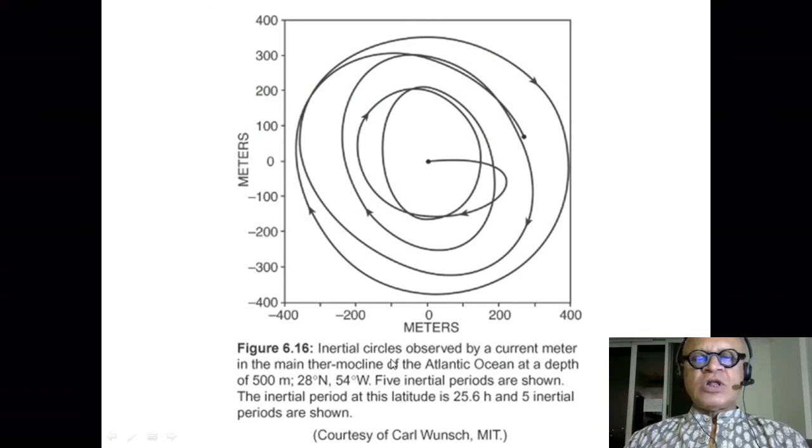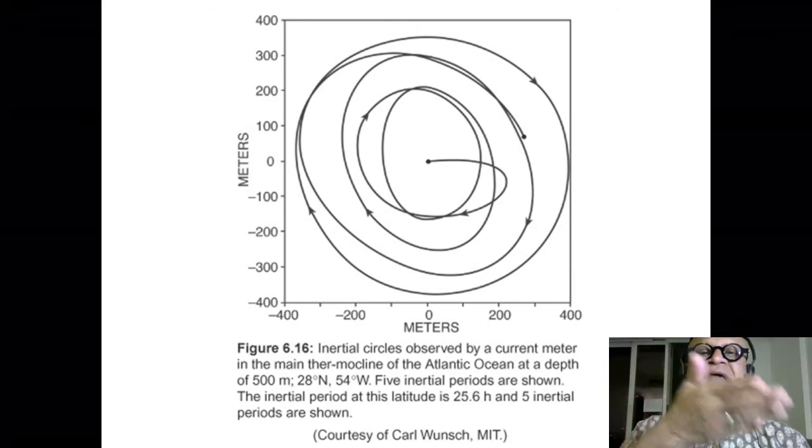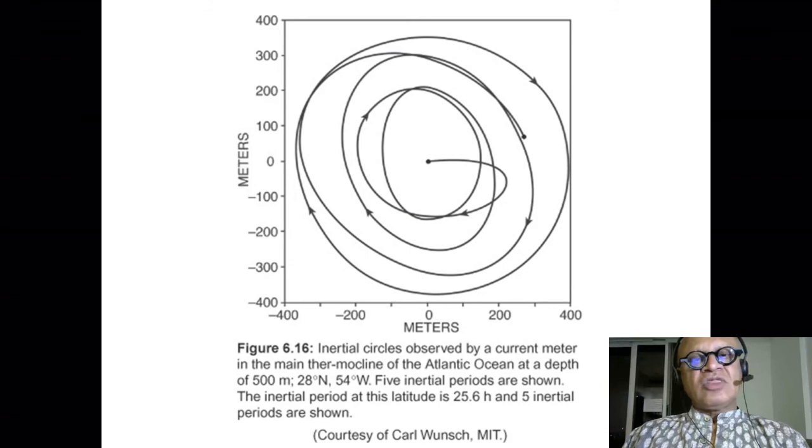This is actual observed currents in a current meter in the main thermocline. We haven't defined it yet, we will later on. Basically, temperature is warm near the surface, there is a sharp gradient, and there is nearly constant cold temperature to the deep ocean. You can again find my podcast on thermocline and look it up.